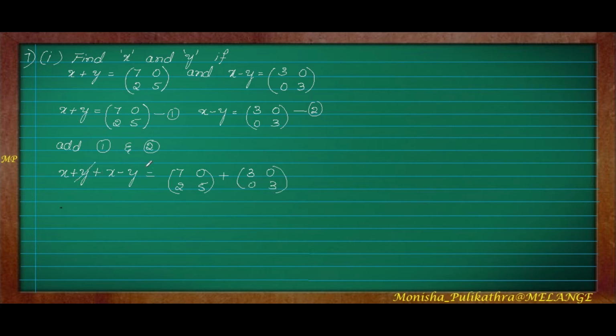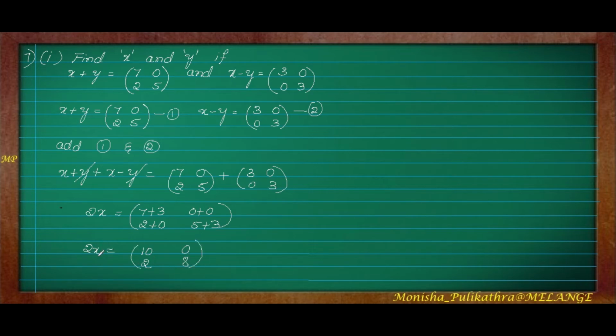Here plus y and minus y cancel. X plus x is 2x. 2x is equal to, here we have to add the elements of the same position. So 7 plus 3, 0 plus 0, 2 plus 0 and 5 plus 3. So 2x is equal to 7 plus 3 is 10, 0 plus 0 is 0, 2 plus 0 is 2 and 5 plus 3 is 8.